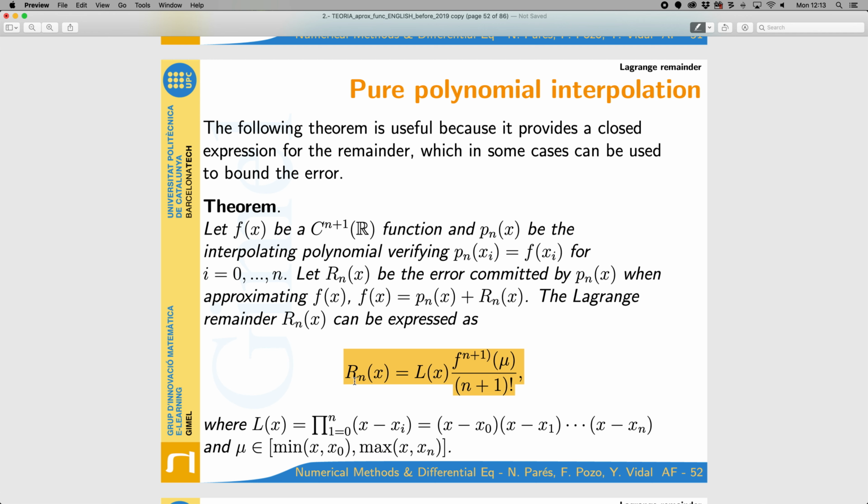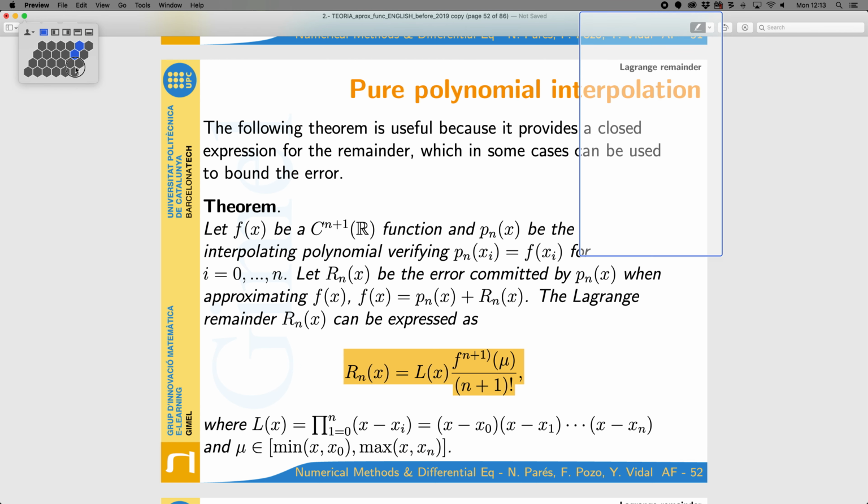We worked a lot with this expression. We did some exercises where we bound this error. Now today we will use this expression to estimate the integral of this error, because that's the integration error we are making. Okay, so I will try to split the window in two parts.